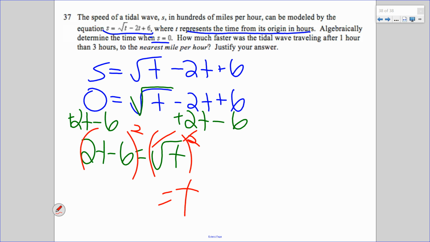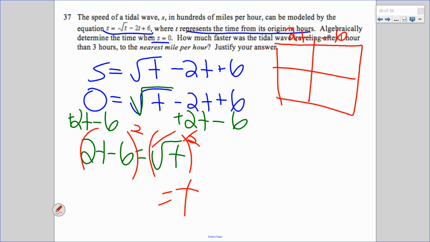My left-hand side, you can use the square binomial theorem, but again, most students prefer the box, so we'll do the box. 2t minus 6, 2t minus 6: 4t squared minus 12t minus 12t plus 36.